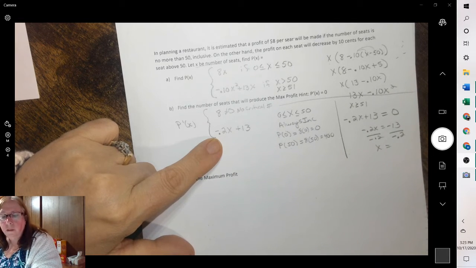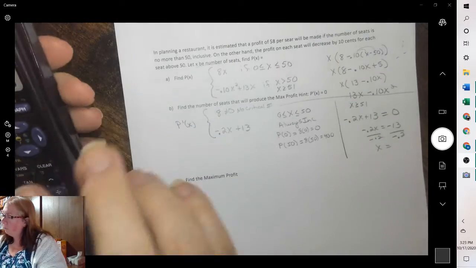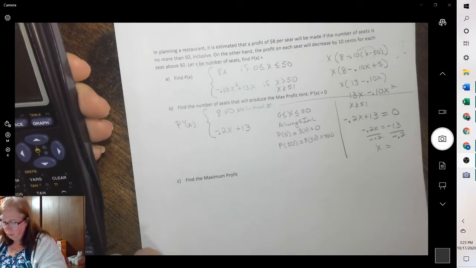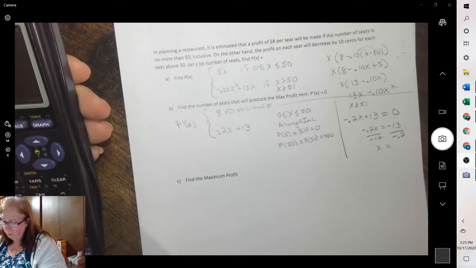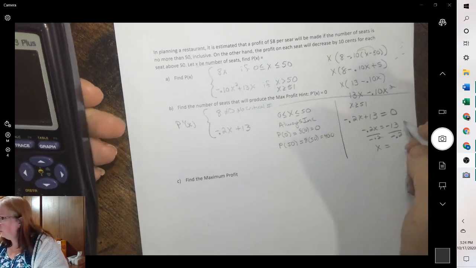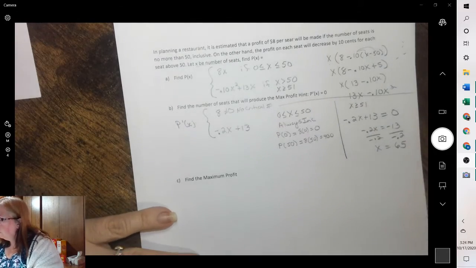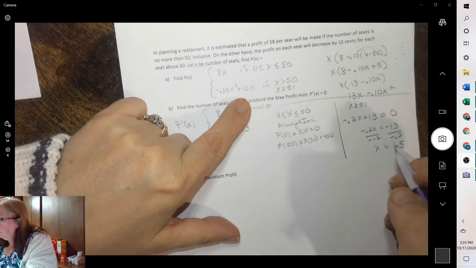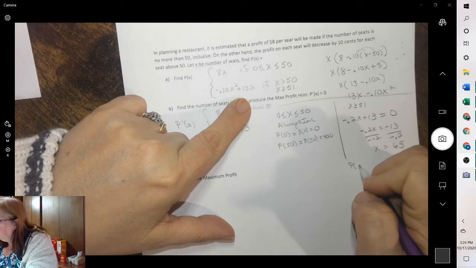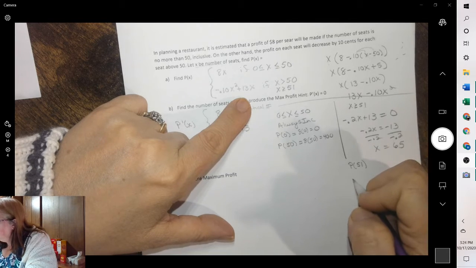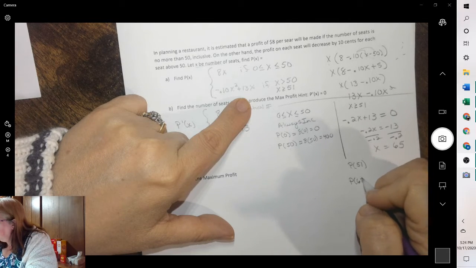We get 13 divided by 0.2, 65. So then we want to use this one and check 51 and 65.